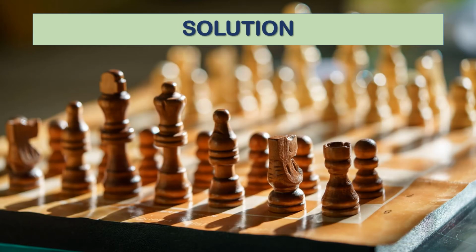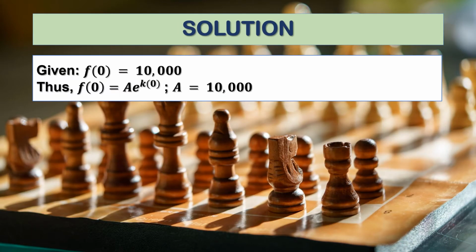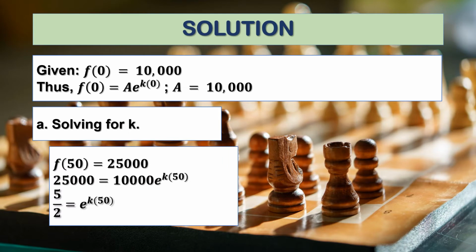Let's have the solution. Given f of 0 is equal to 10,000, that is the initial population of the virus. Thus f of 0 is equal to a multiplied by e raised to k times 0, where a is 10,000. Solve for k: f of 50, which is 50 minutes, is equal to 25,000.